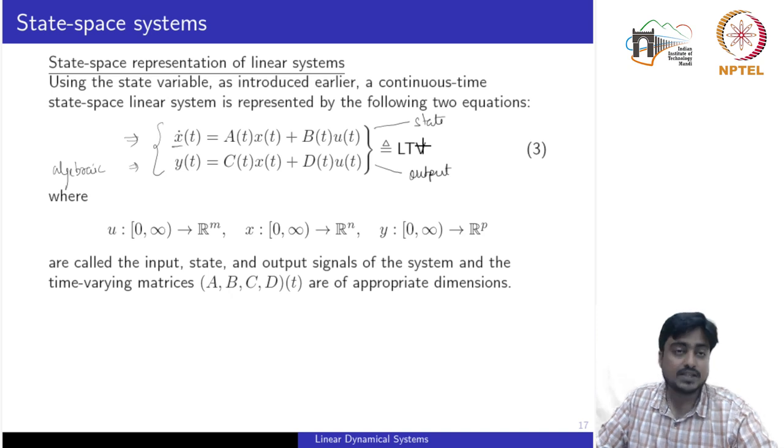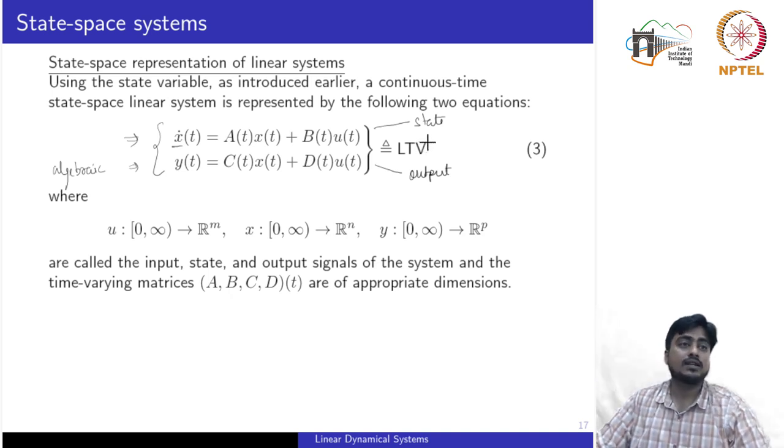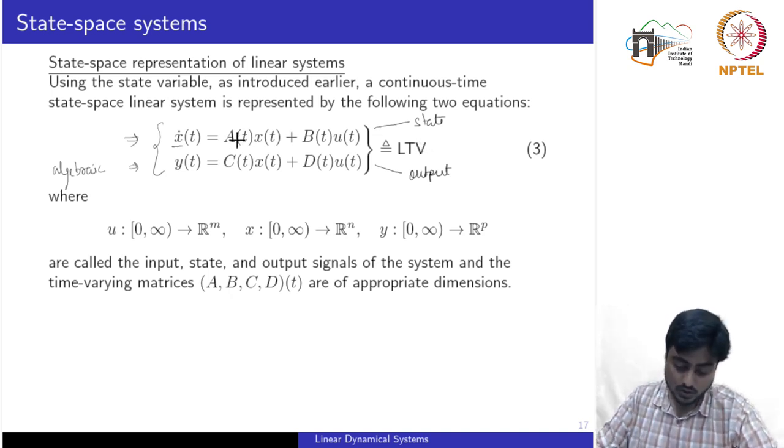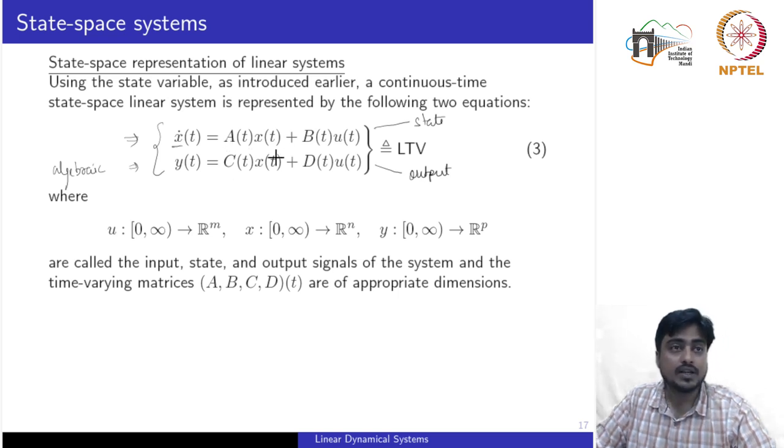So this representation we say is for the time varying system because all these parameters A, B, C, D are functions of time. Now if all these four parameters are constants, then we define that system as an LTI system.